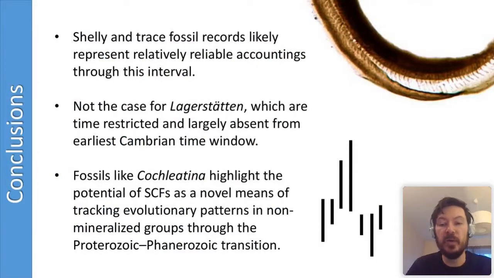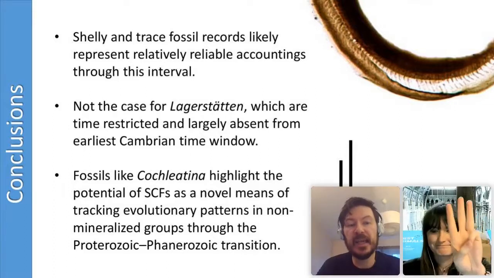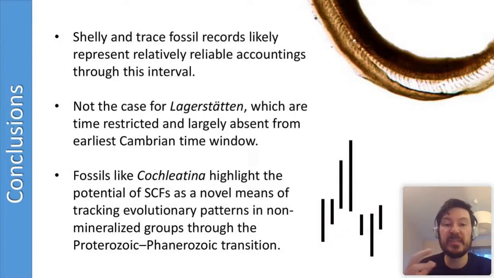To sum up some of the findings here, Cochleatina stands as a really nice case study highlighting the potential of SCFs as a novel way of tracking evolutionary patterns across the Proterozoic-Phanerozoic transition.